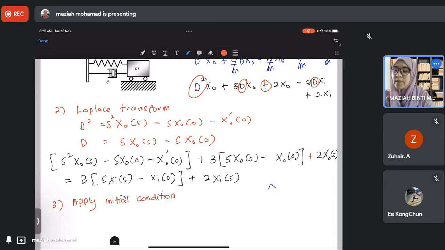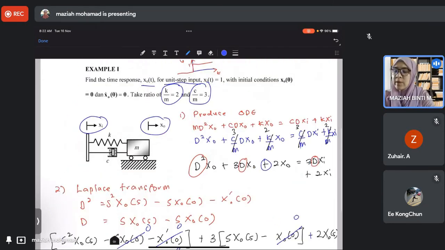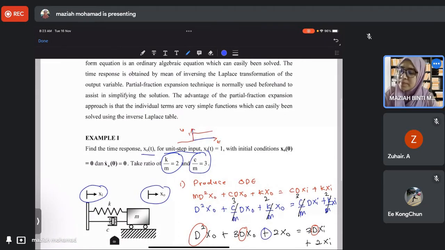Alright, so it is mentioned that x naught 0 is 0, x prime 0 is 0, so this one is 0. Okay, for the input part, this will also be 0. Okay, because if we refer to the step input here, this input, step input there. Okay, if I draw it a little bigger.